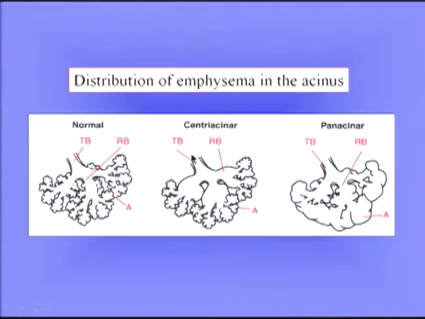Now, what could be responsible for the pattern in centriacinar emphysema? Well, we've talked before about the fact that when pollutants are inhaled as aerosols, they reach the terminal bronchioles by convective flow, like beer being poured out of a pitcher, but they don't get to the peripheral alveoli easily.